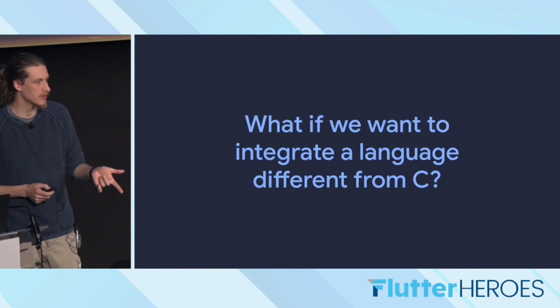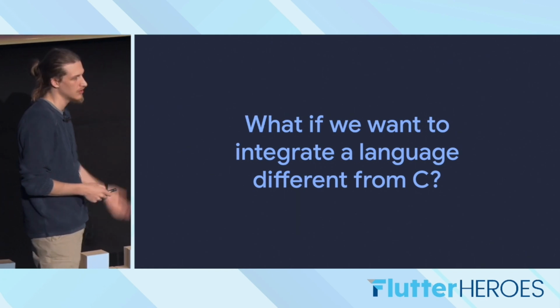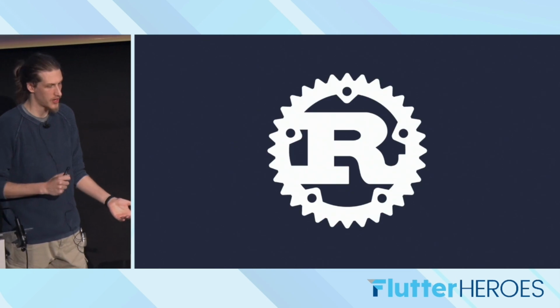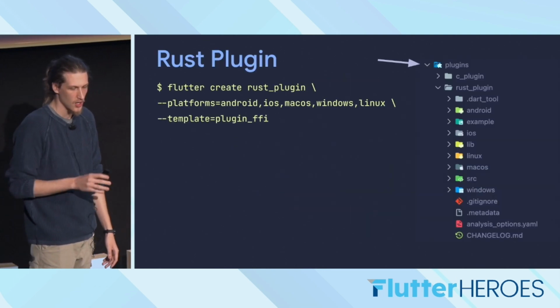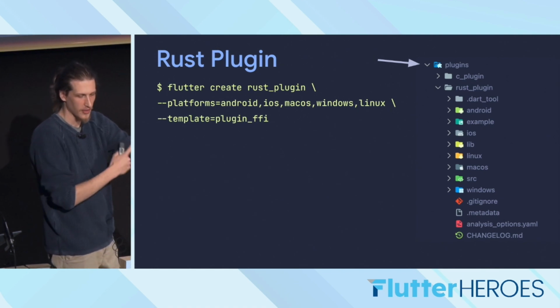So now, what if you want to integrate a language different from C? As I mentioned before, I used Rust, okay? So what's the process to use Rust? Sorry.